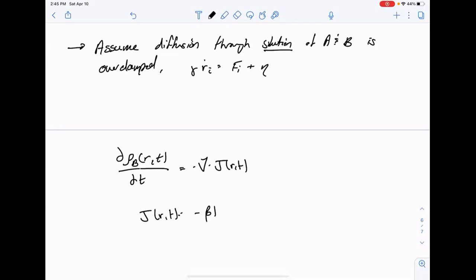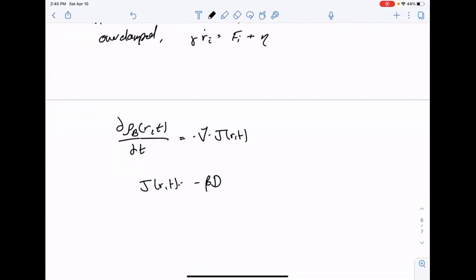is given by minus beta times D. Sorry, no beta there. Minus D e to the minus beta, some potential V of R, times the gradient of e to the beta V of R, times rho B of R and t.